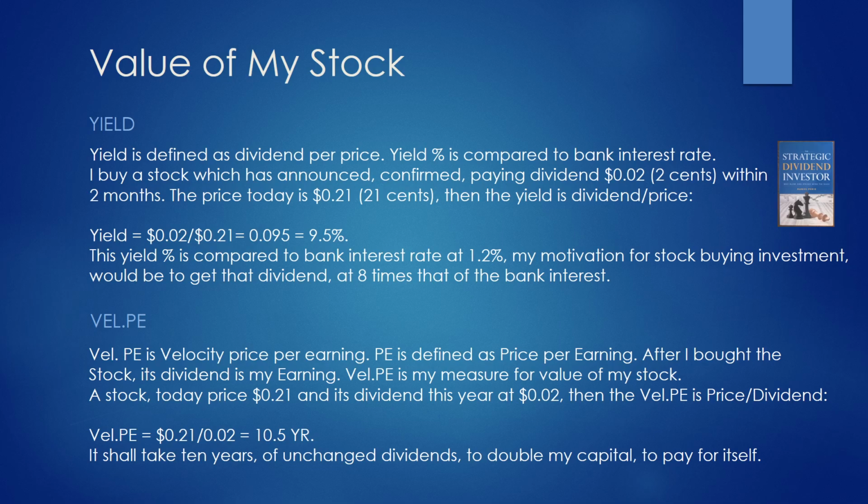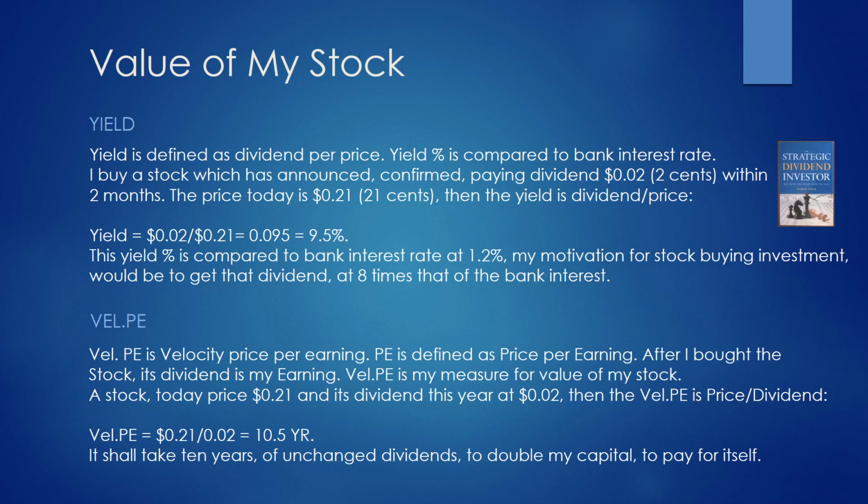I buy a stock which has announced, confirmed, paying dividend $0.02 within 2 months. The price today is 21 cents. Then the yield is dividend per price.